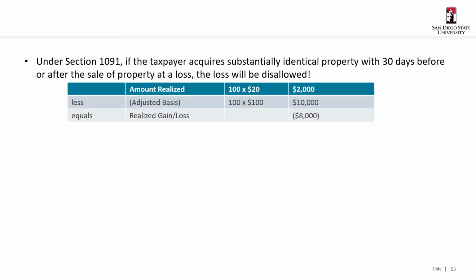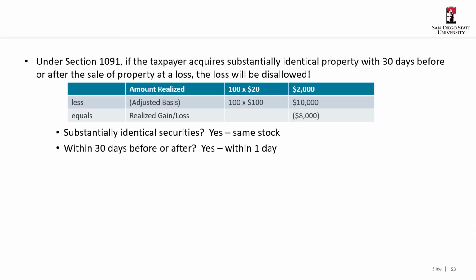So this would have been Gordon's loss, right, as he sold 100 shares for $20. His basis was 100 shares times $100, so he had a realized loss of $8,000. If we step through the wash sale rules, we'd say, did he purchase substantially identical securities?